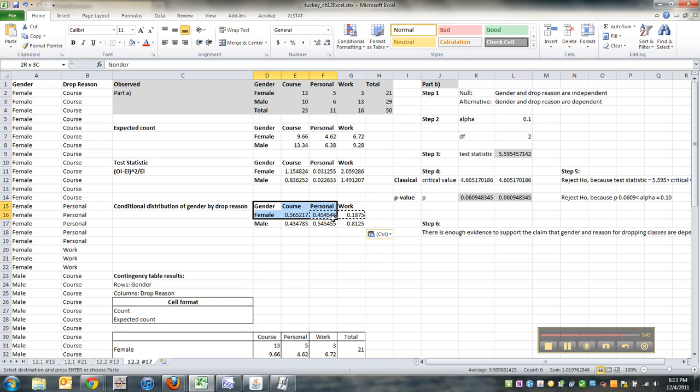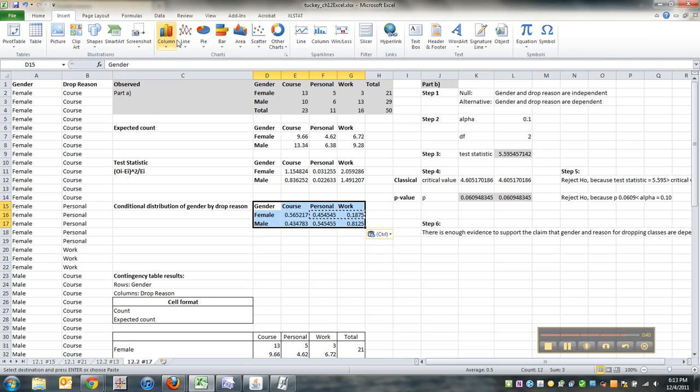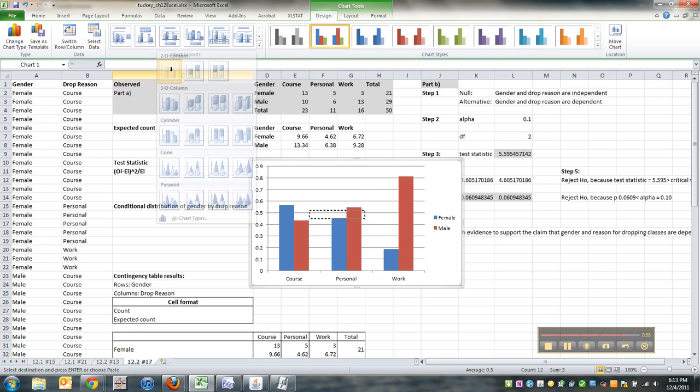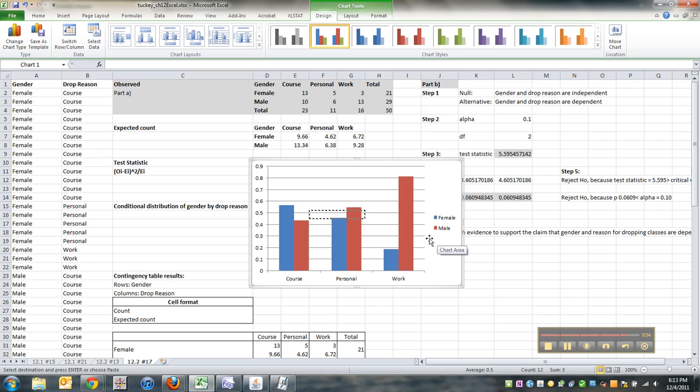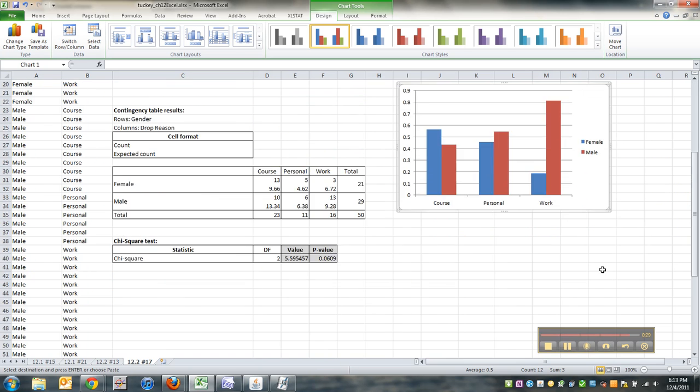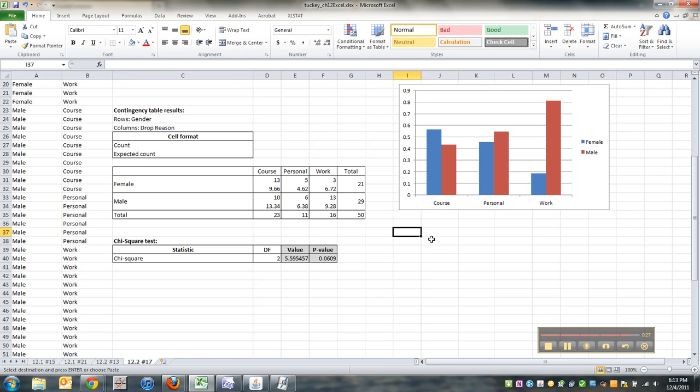Then I'm going to highlight all of this, go to Insert, Column, pick a column chart, and there we go. You can see that men are much more likely to quit because of work, and that's what I'm going to put down here as the answer to part C. Men are much more likely to quit due to work, and women due to the course itself.